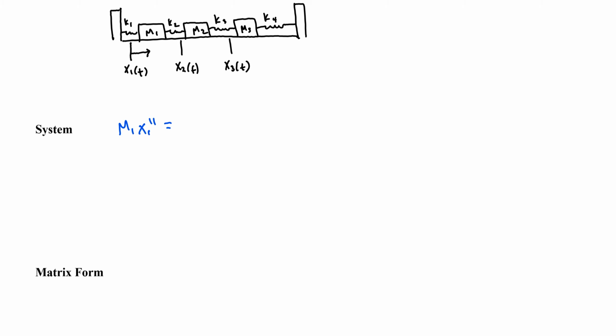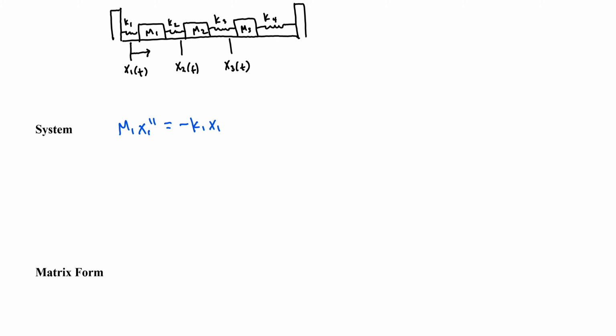This is going to be in the opposite direction of Hooke's law. So looking at spring k sub 1 acting upon mass m sub 1, we're going to multiply negative k sub 1 times x sub 1. Again, that's Hooke's law applied to the first mass.